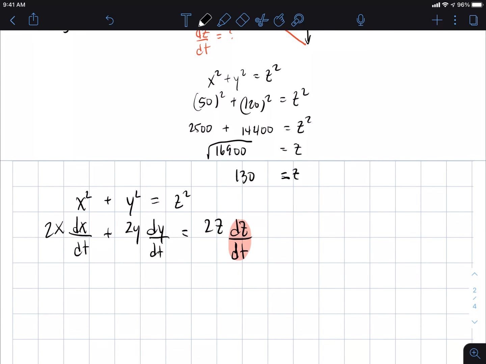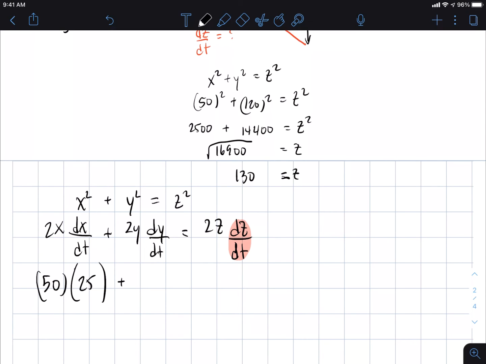What is my x distance? At the 2 hour mark, what was my x distance? 50. What was my rate of change in the x direction? 25.